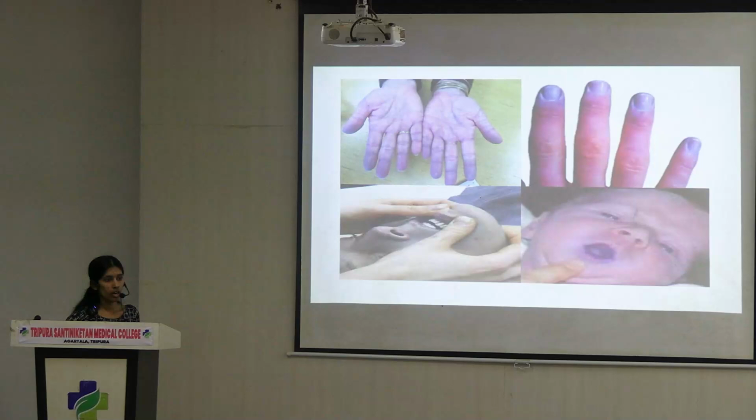Okay. How many types of cyanosis are there? Two types. What are those? Central cyanosis and peripheral cyanosis. So can you identify which one is example for central and peripheral in this figure?